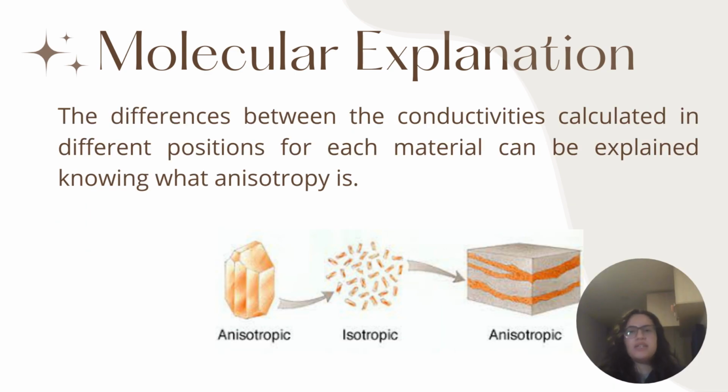As can be seen in the table of results of the conductivities obtained in each material, with the exception of copper, a great variation is seen in the conductivity values depending on the point at which the data used to calculate them were taken. This variation can be explained by knowing what anisotropy is, which is the variation of thermal conductivity with direction within a material.